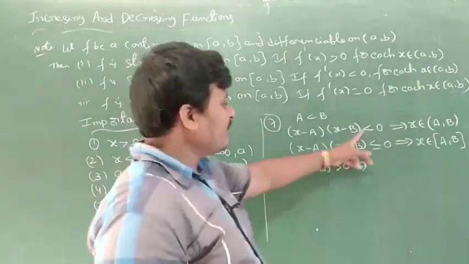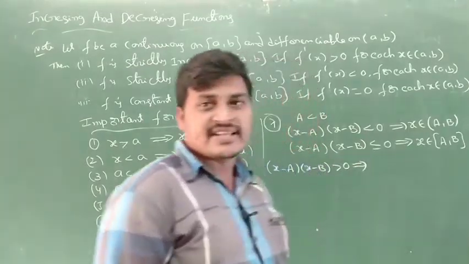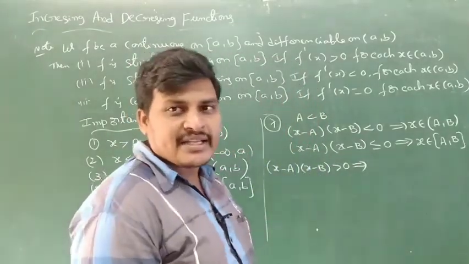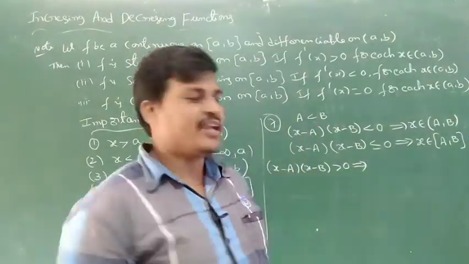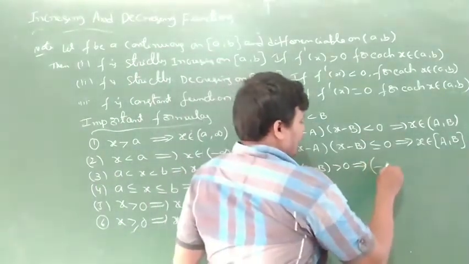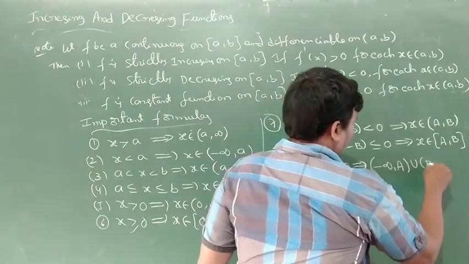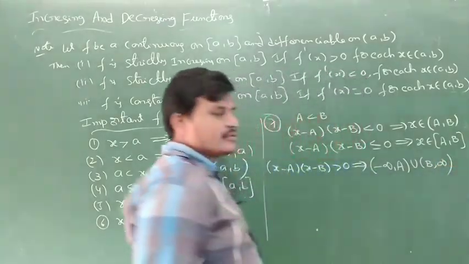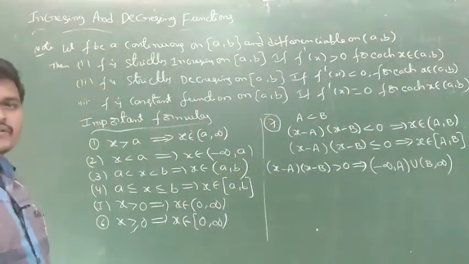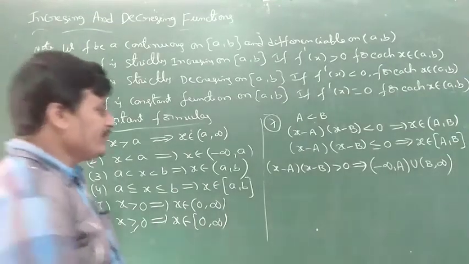Less than 0 means x lies between a and b. And greater than 0 means x does not lie between a and b. So this is minus infinity to a union b to infinity. This is one. Minus infinity to a union b to infinity.